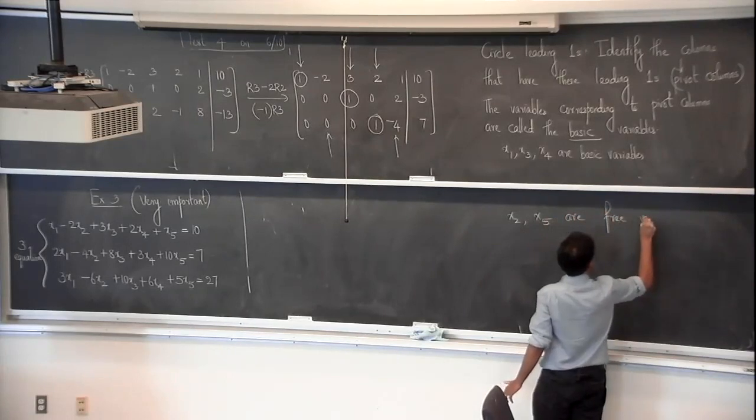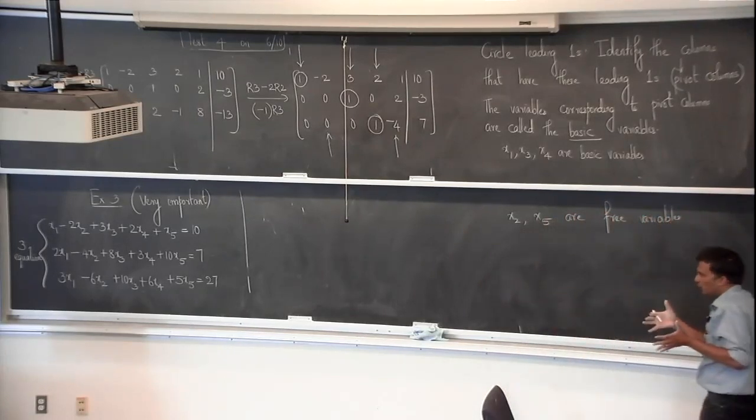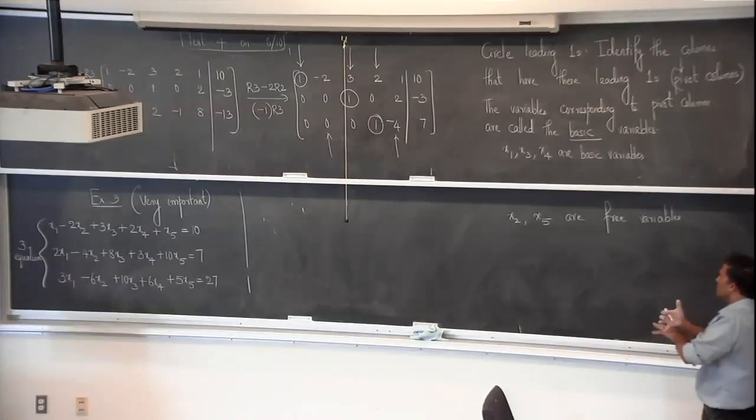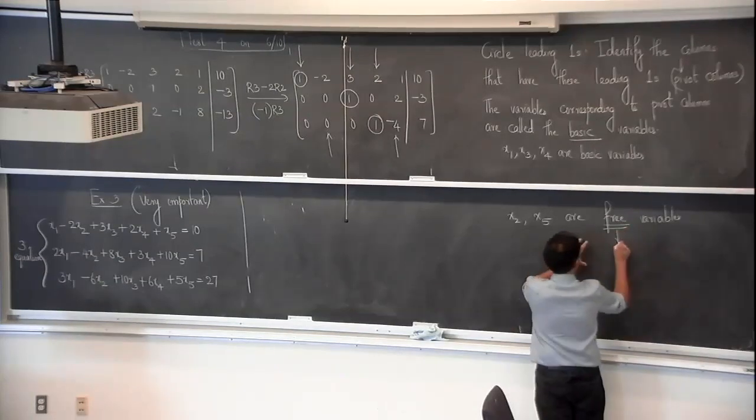Why is it called free variable? Because this is a system with too many variables and fewer equations, which means that there is a lot more freedom to move around. So free means it's a possibility of an infinitely many number of solutions.